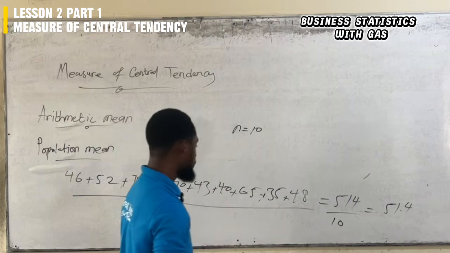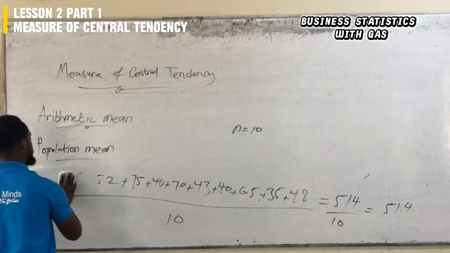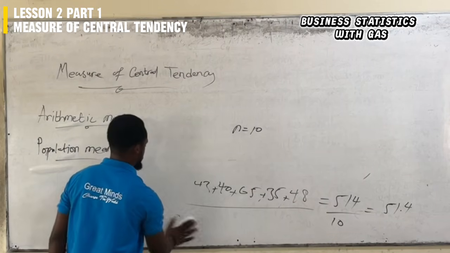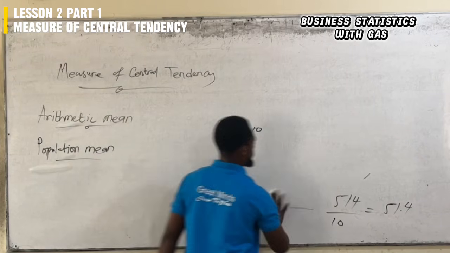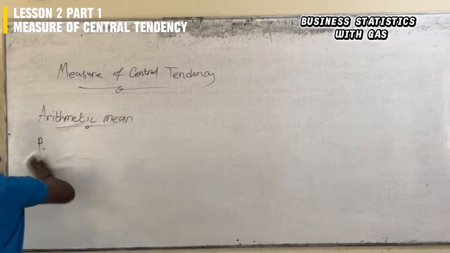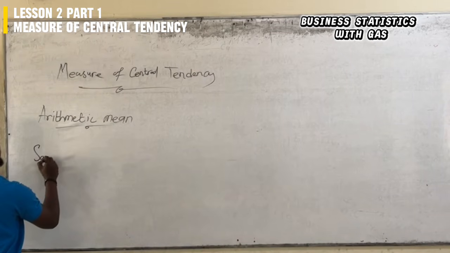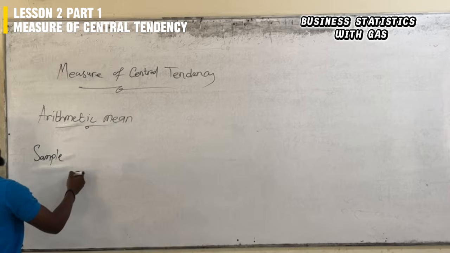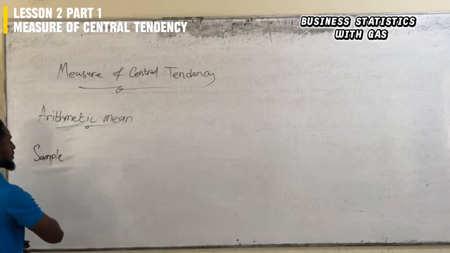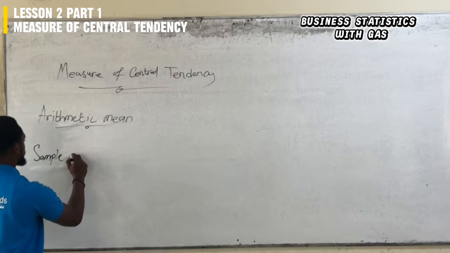So we proceed to sample mean. And bear in mind the population mean and sample mean are all under the arithmetic mean.